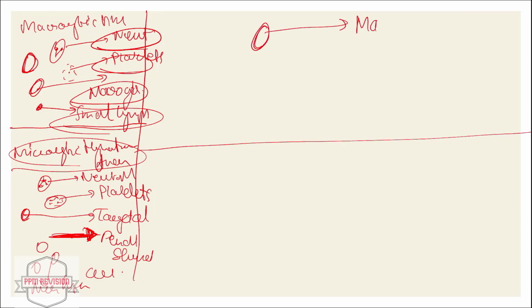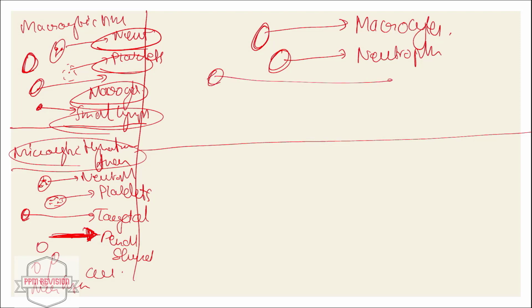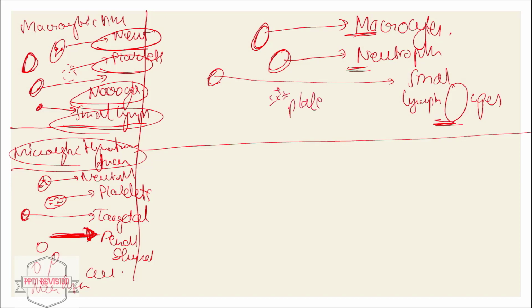So this is nothing but the macrocytes, right? And then we have LMNOP, correct? So macrocytes is done. Then LMN: N for neutrophils, O for lymphocytes, small lymphocytes, and P for platelets.